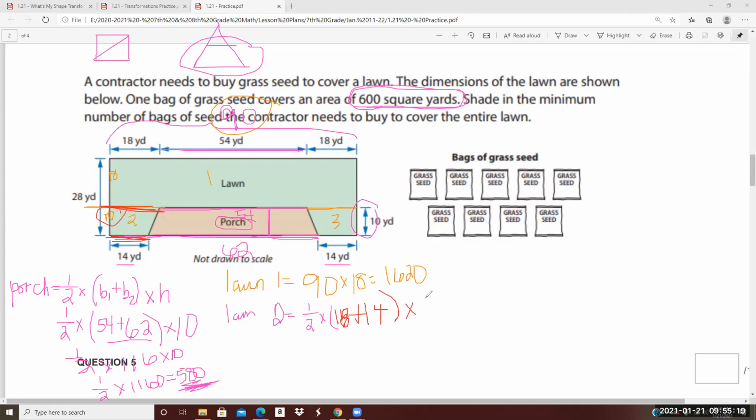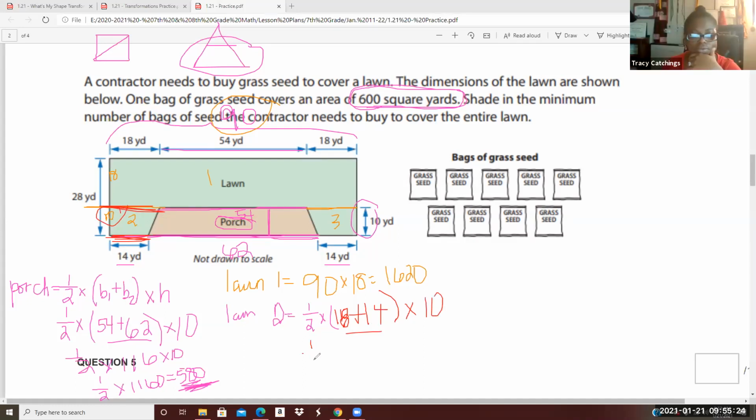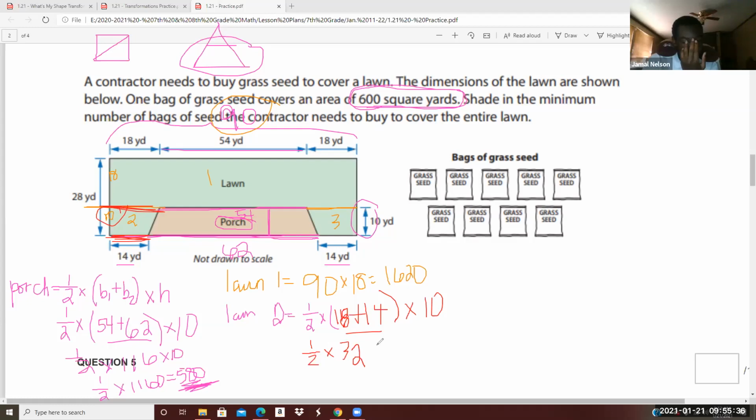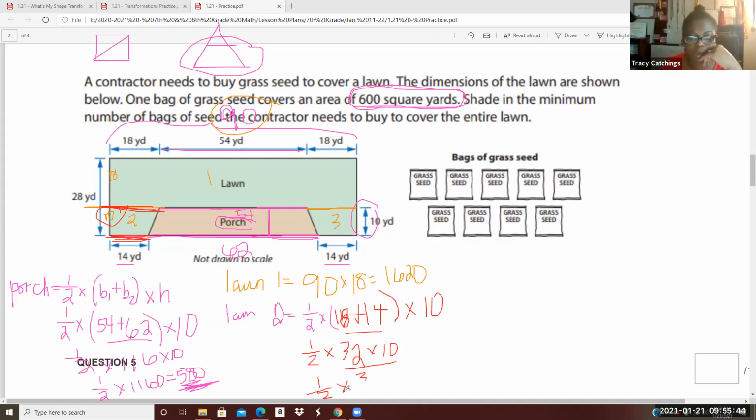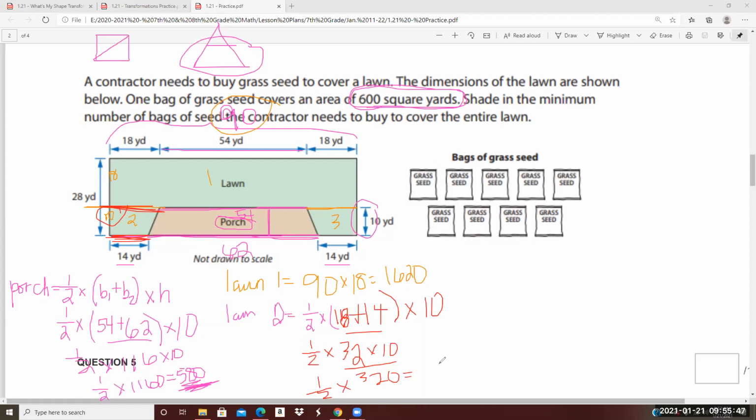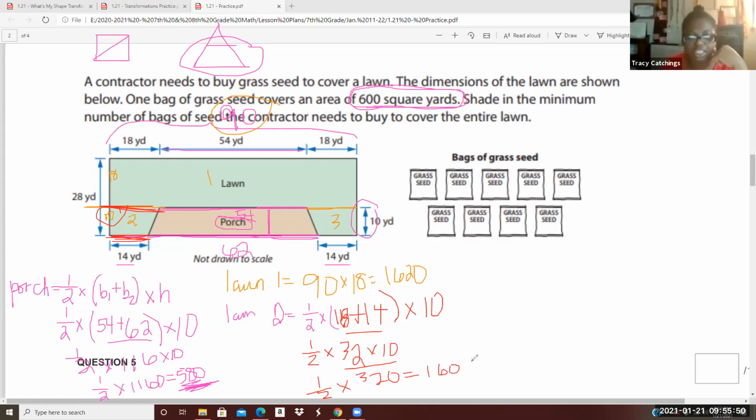All right, 18 plus 14. 32. And then multiply that by 10. 320. Divide that by 2. 160. And we know we got that 2 times, so I'm going to put 160 over here again.